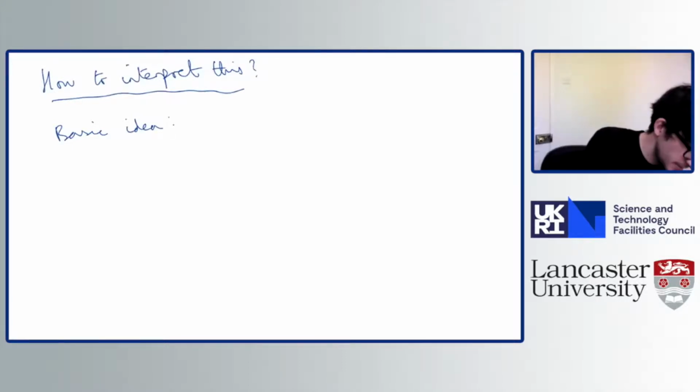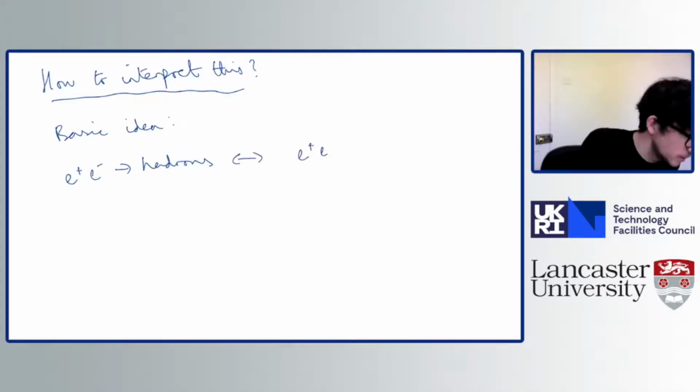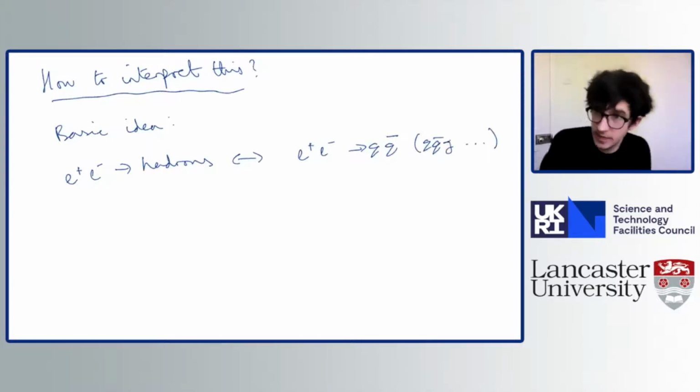So the basic idea, let's remember, is that we wanted to relate e+ e- to hadrons to that leading order diagram, or whatever else we add in the higher order calculation.